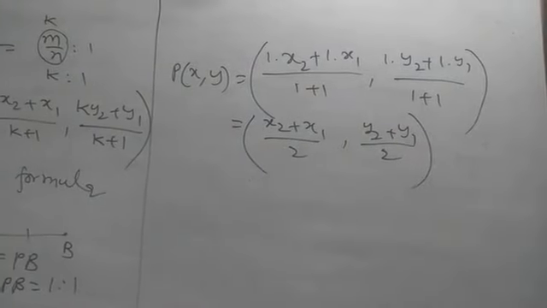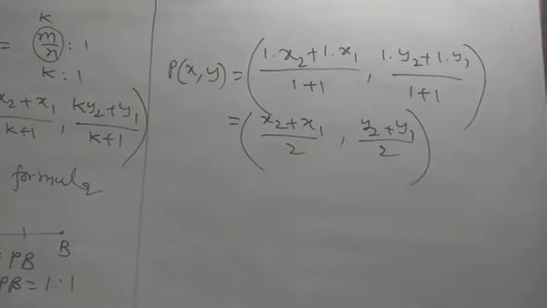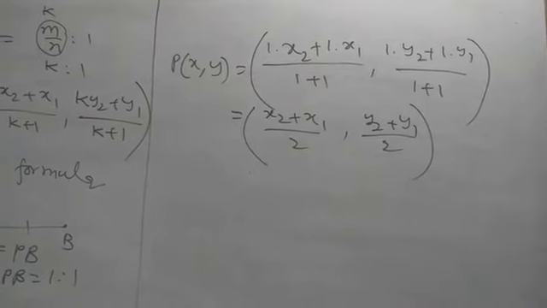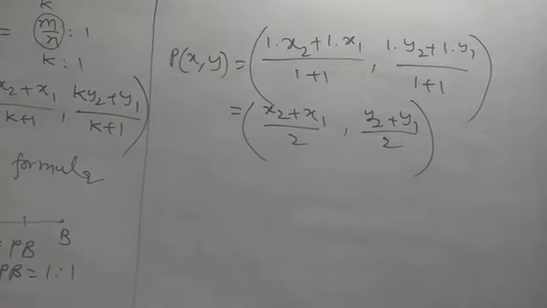So this is the formula for the midpoint of a line segment joined by (x1, y1) and (x2, y2).